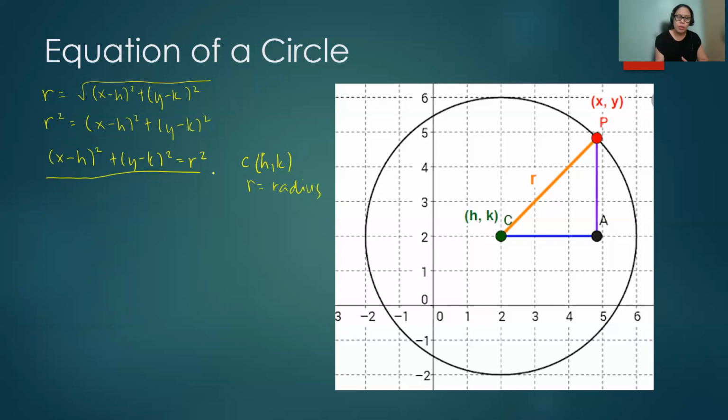If the equation is expressed in center-radius form, by inspection we can easily identify the center, and we can identify the length of the radius by taking the square root of r squared, which is r.